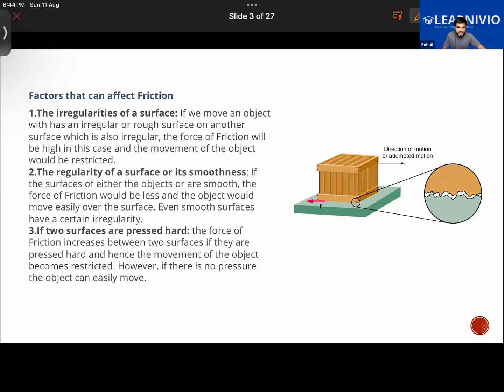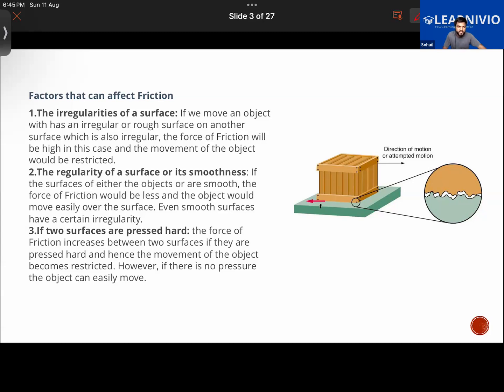generated. For example, you would have observed that it is harder to walk on a rough road with pebbles than on a smooth, well-leveled road. Like if you happen to go to a village, usually the roads of the villages are not very smooth.